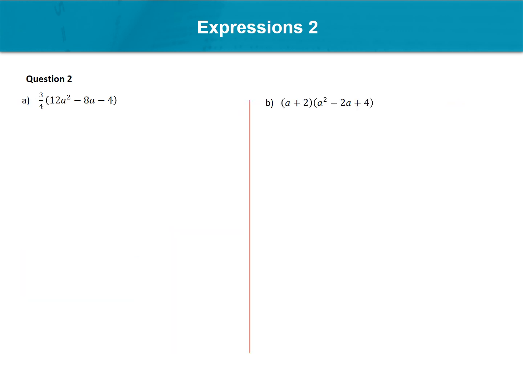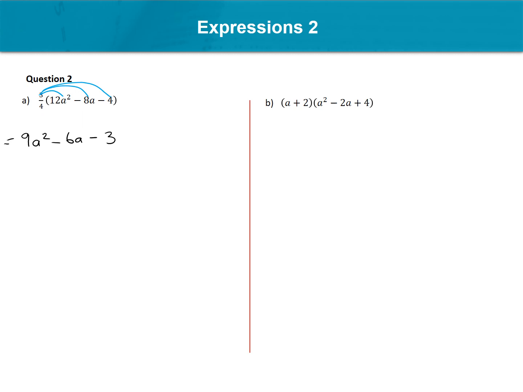Looking at question 2a, we have a fraction in front of a bracket, which means we need to multiply that fraction into every term that's inside our bracket. So we have 9a² − 6a − 3.